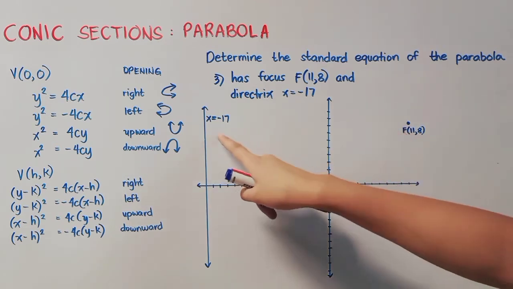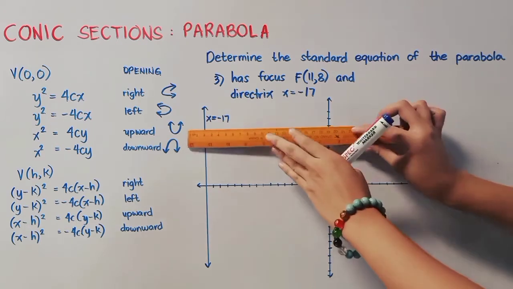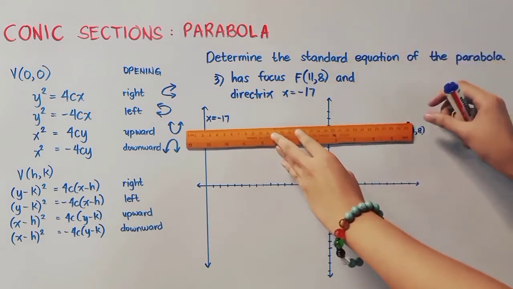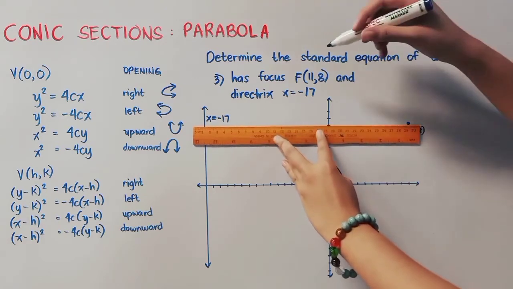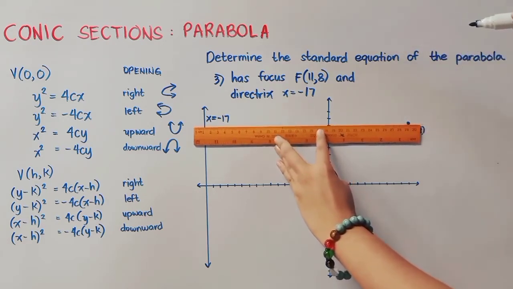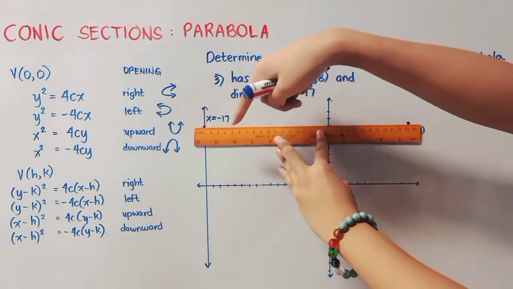Please take note that our vertex here is in between the focus and the directrix. So we have to get the middle point of these 2 points here, the middle point of the focus and the point here in the directrix.